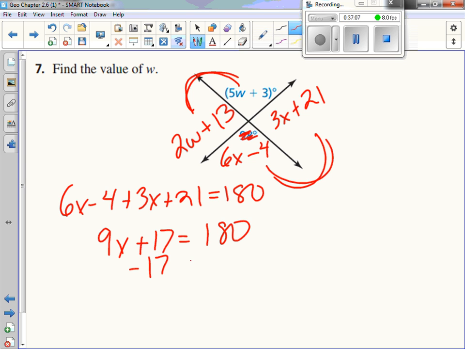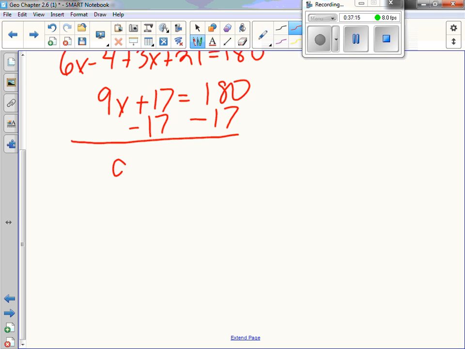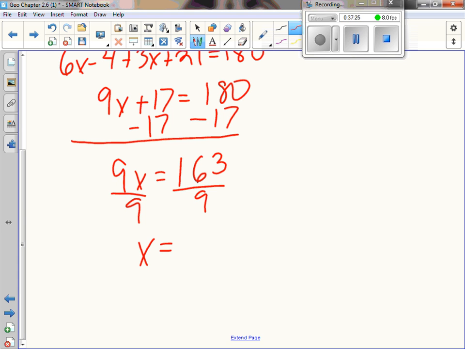Then we can minus 17 from both sides. Then we get 9x is equal to 163. Divide both sides by 9. And we would get an ugly fraction. I'm going to leave it as 163 over 9. And we could solve the other one for w. It's not going to make sense.